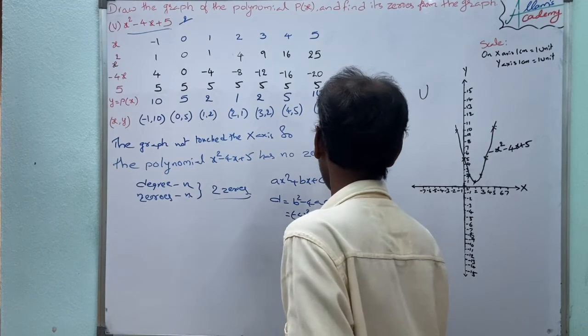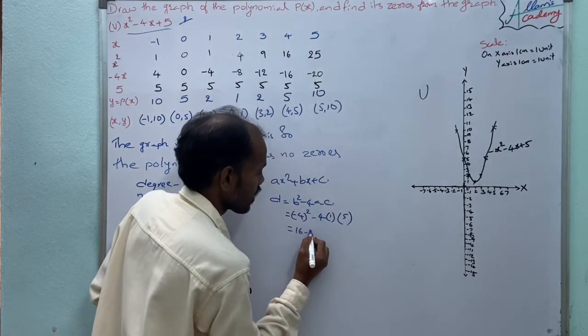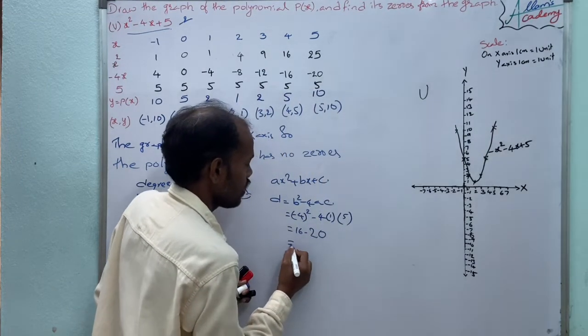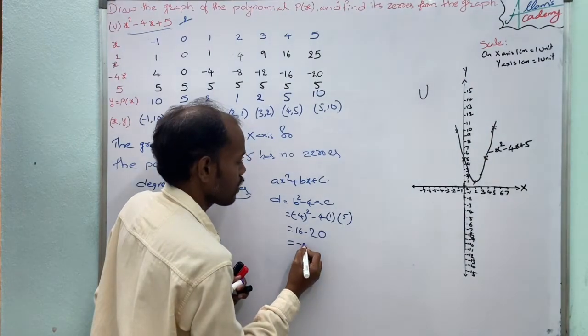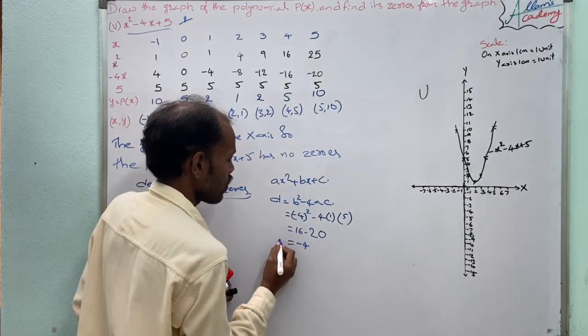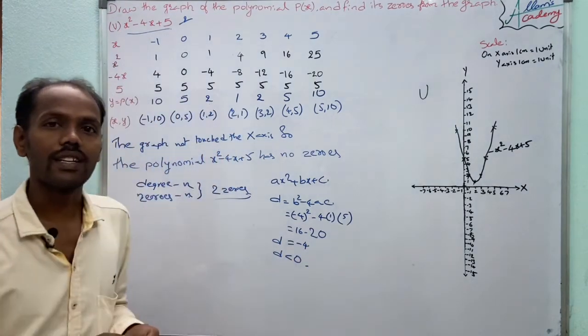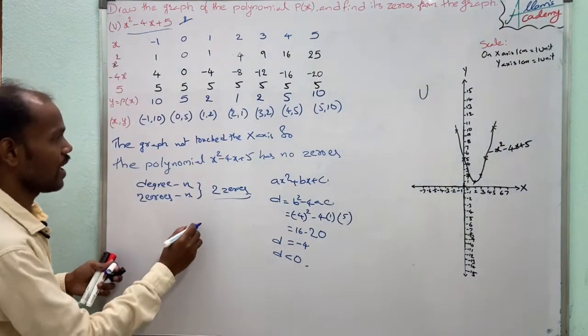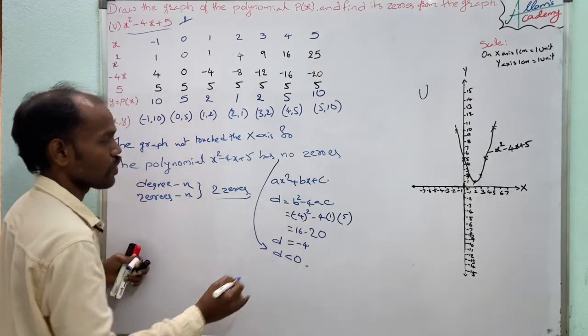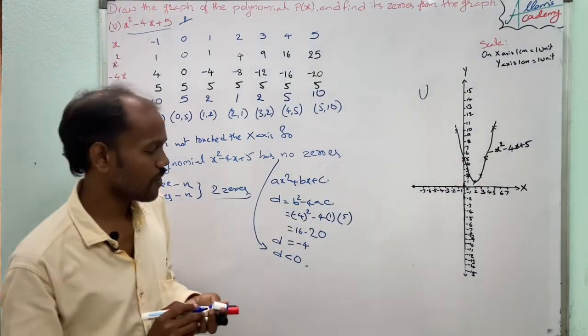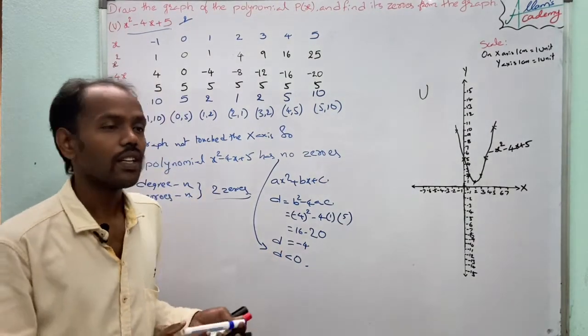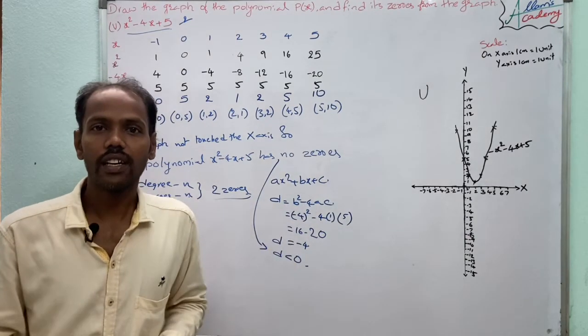So 4 into 1 into 5 is 20, so 16 minus 20 is minus 4. So the discriminant value is less than 0. Less than 0 means it has no zeros. About this we clearly know in the 5th chapter, quadratic equations.